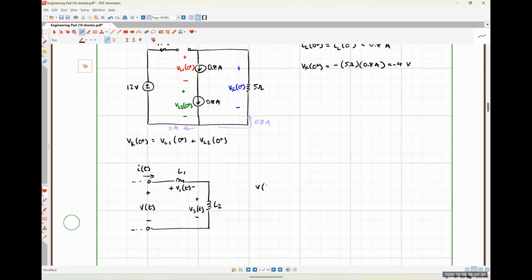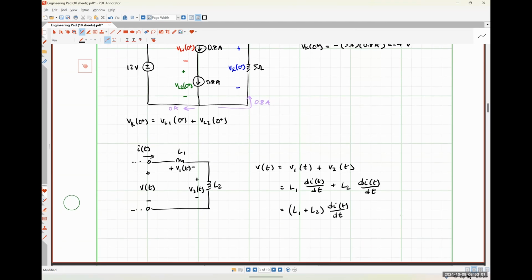So we know that V of t is V1 of t plus V2 of t, and this is going to be L1 di by dt plus L2 di by dt, or L1 plus L2 di by dt.